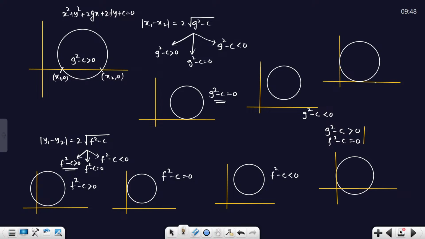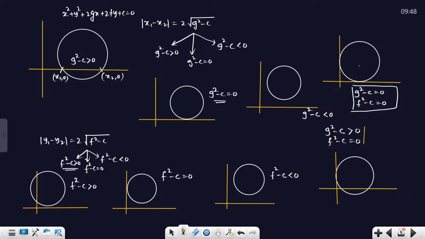In this case, it is touching the x-axis. It means what? G square minus c is equal to 0. At the same time, it is touching the y-axis. It means your f square minus c is also equal to 0. Tell me yes or no. So these are the conditions for which the circle is going to touch the x and the y-axis.